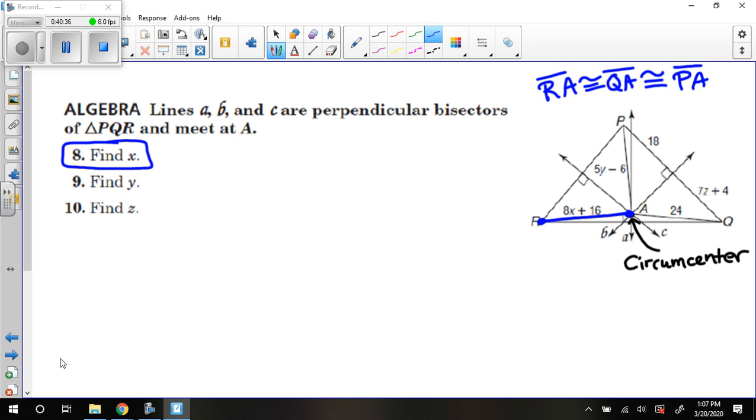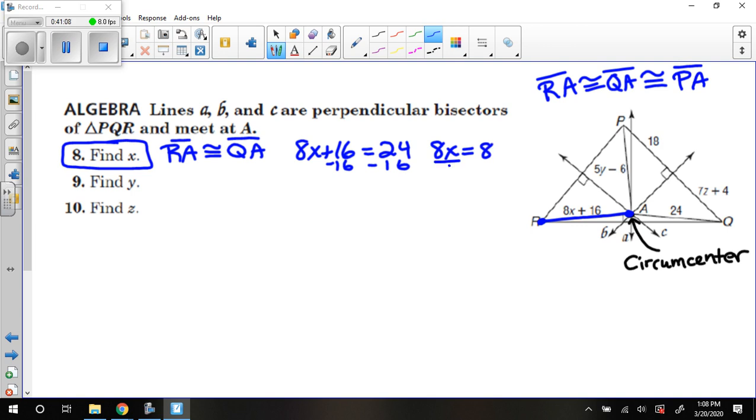I'm going to focus on the fact that RA is congruent to QA in order to find x. RA's equation is 8x plus 16, and it's going to equal QA, which is 24. If I solve this, I subtract my 16. I know 8x is equal to 8. Divide by the 8, and we get x is 1.